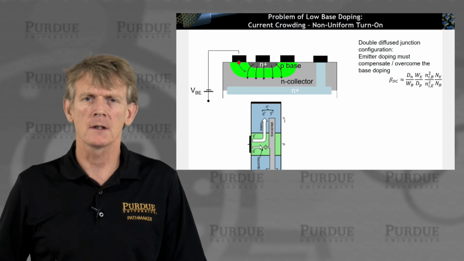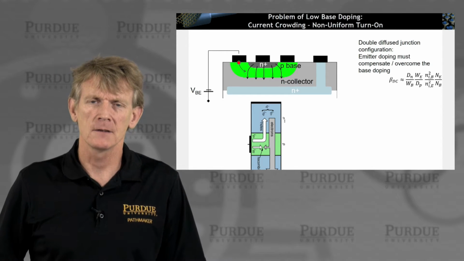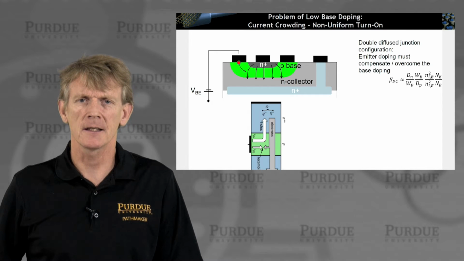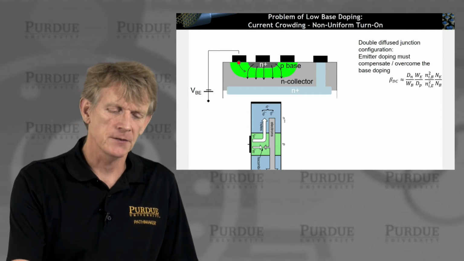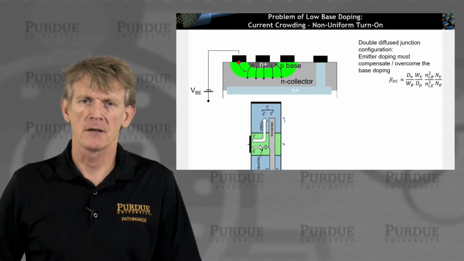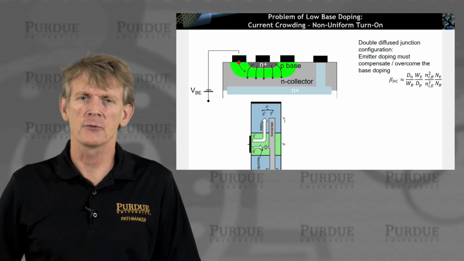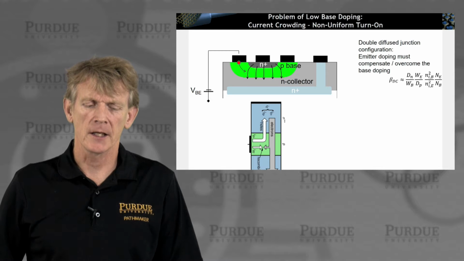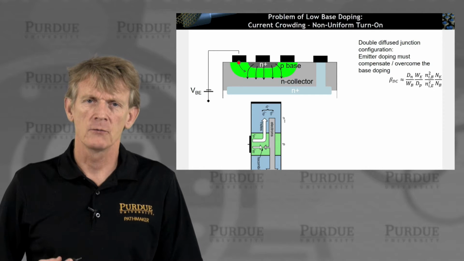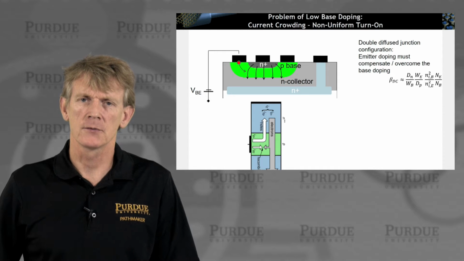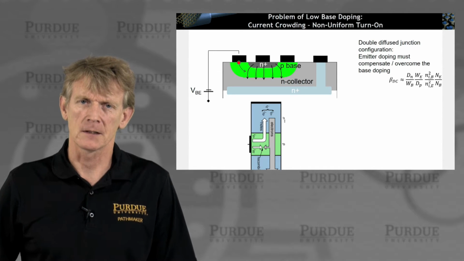Now let's look at a more realistic device. Double diffused junction like this. The N+ region is very heavily doped, and then you have a base depicted here in green, and you have a lower doped collector, and we're looking at holes regulating the current flow through the double junction like that.